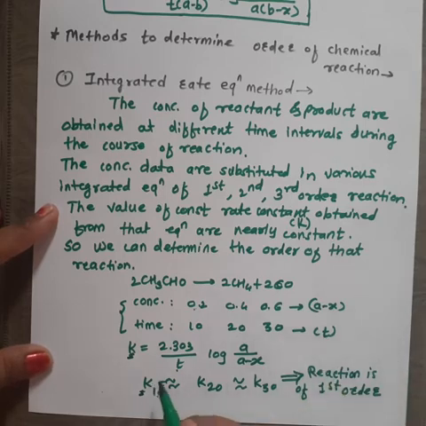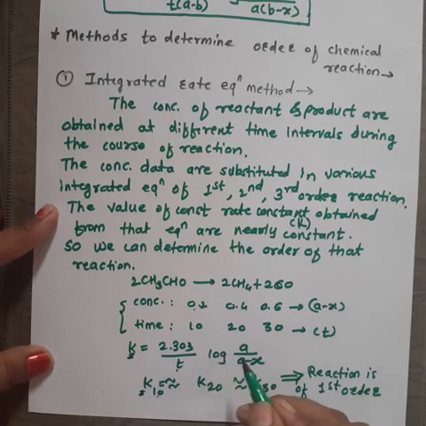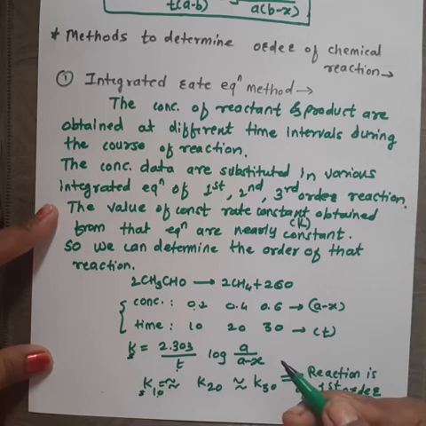If the values of K for 10, 20, 30 are different, then we can put the values in the third order equation also, and determine whether the reaction is first order, second order or third order.